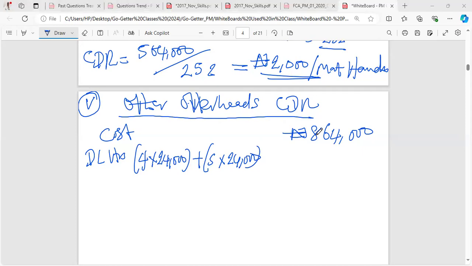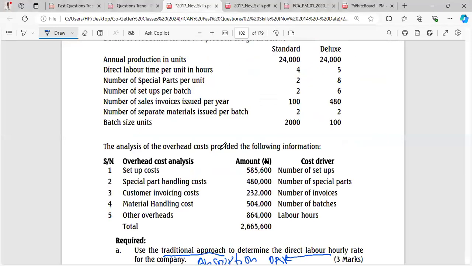Sorry, somebody said material issued is 2 batches. I don't understand what you mean by 2 batches. We are told here, number of separate material issued per batch.